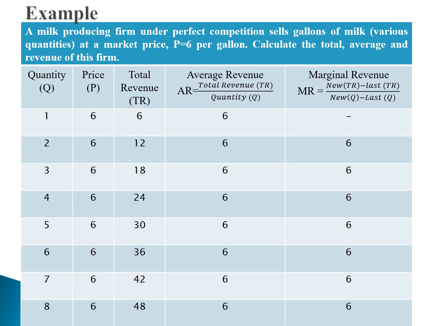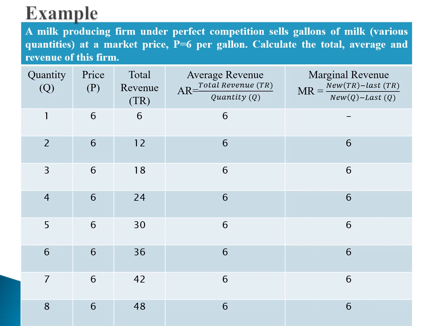As you can see, in the first column, the quantities are given from 1 to 8. These represent the gallons of milk sold by the milk producing farm. Then there is the price, which is 6 per gallon of milk. For total revenue, we are just multiplying the price and the quantity. So if 1 gallon is sold at 6 taka per gallon, the firm earns 6 as total revenue.